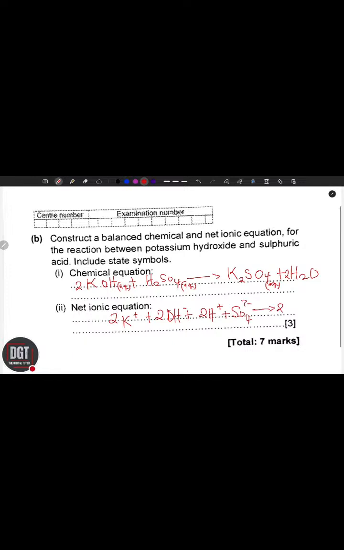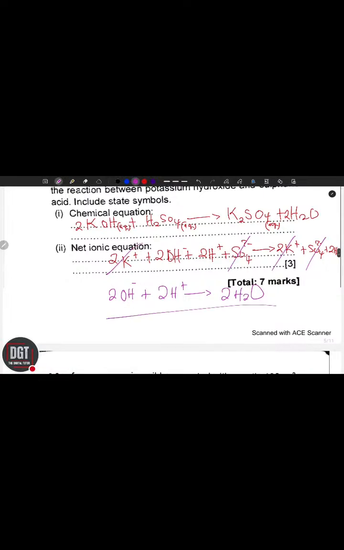Then of course potassium becomes 2 positive, plus sulfate, which is 2 negative, then plus H2O. Like I said, just the same as the one that we had. So potassium and potassium cancel, sulfate and sulfate cancel, so you are remaining with 2 hydroxide ion plus 2 hydrogen ion. This results into 2 H2O. So this is what we are looking for.